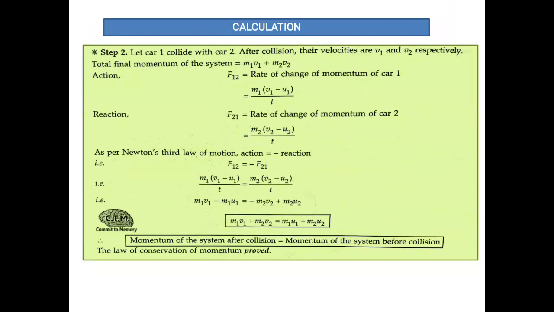As per Newton's third law of motion, action equals minus reaction, because action and reaction are equal and opposite. So we can write F12 equals minus F21, and after putting in the values and rearranging, we get that the momentum of the system after collision equals the momentum of the system before collision. This proves the law of conservation of momentum.